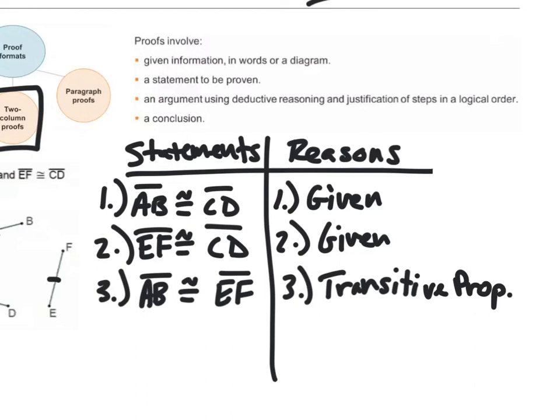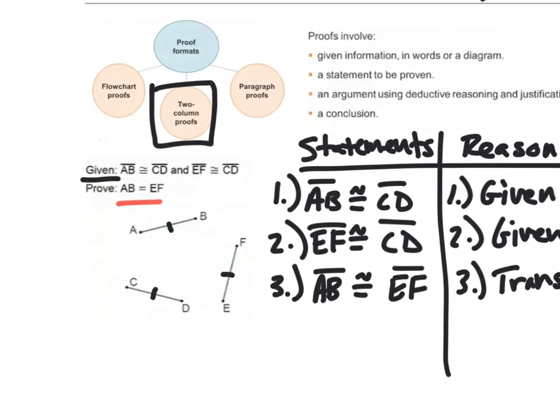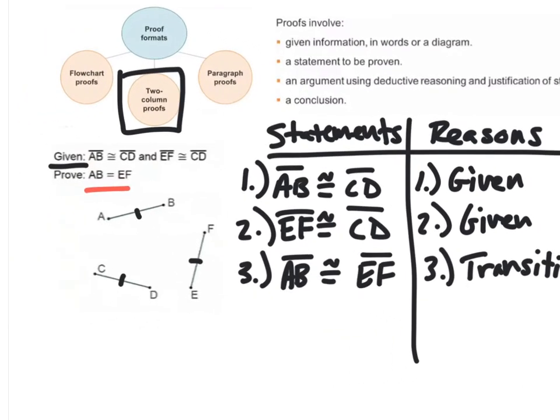So now, here's the thing. We have arrived at the proof statement, essentially. So here, this is what I'm trying to prove. That's a proof right there. All of it's a proof. The problem is that they go from saying a segment is congruent to another segment, to saying that the length is equal.